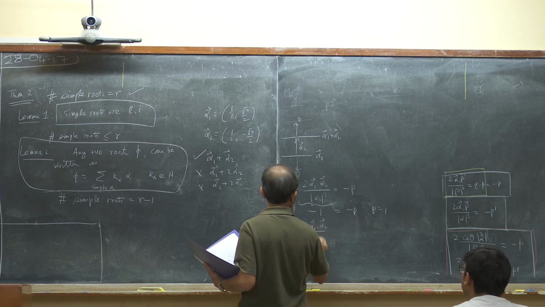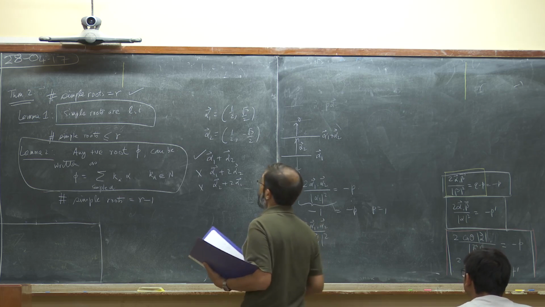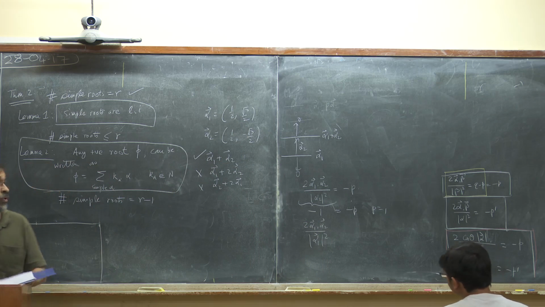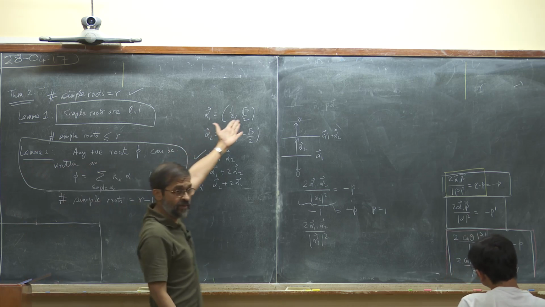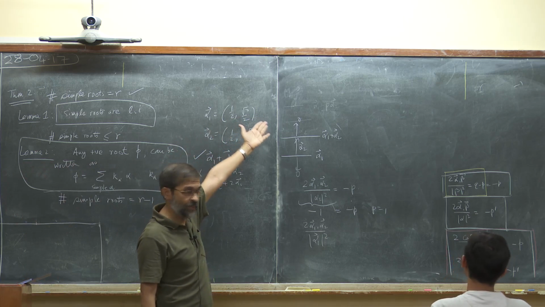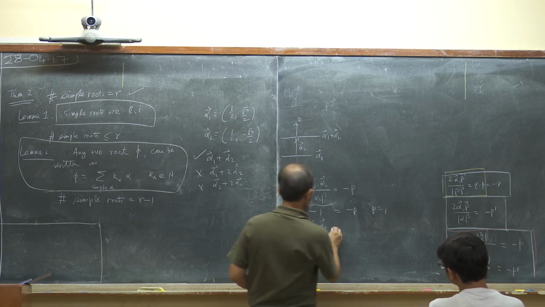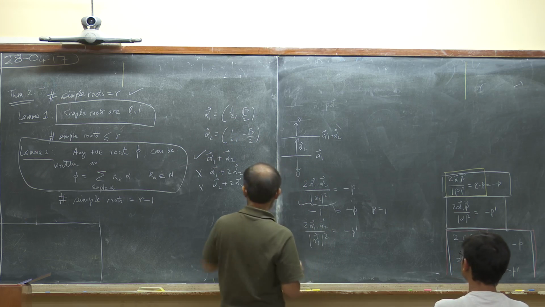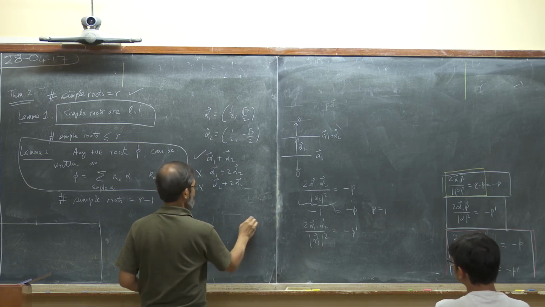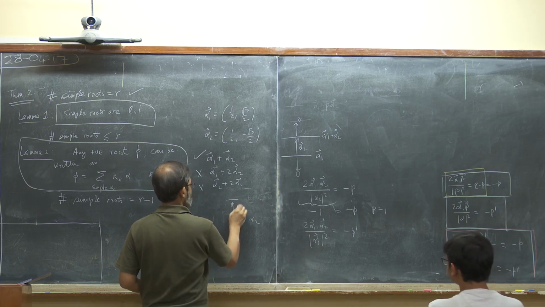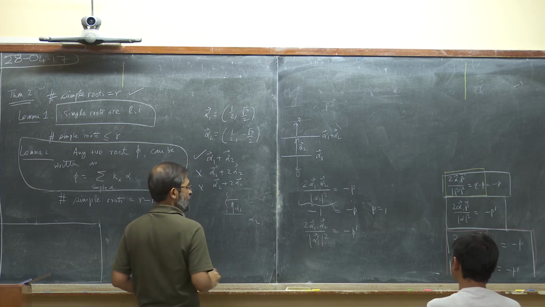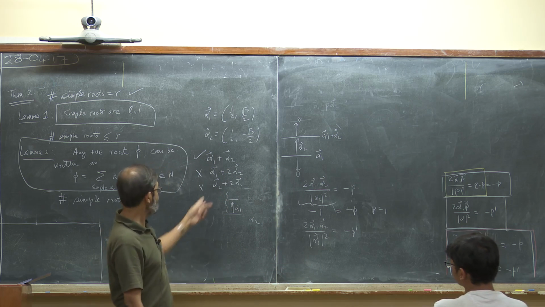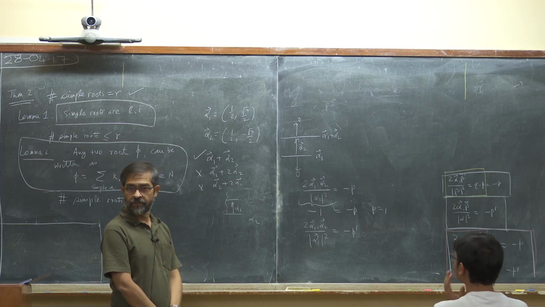This is alpha 1 square, and it turns out that both the simple roots have mod square equal to 1. This is supposed to be my other integer p prime, which is the height of the other tower starting from alpha 2, but the height of this tower is also equal to 1. So therefore this possibility is also out.